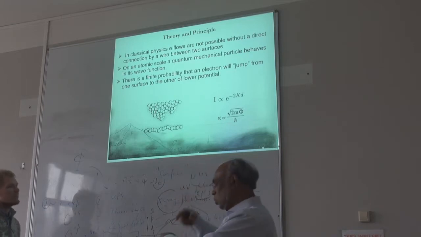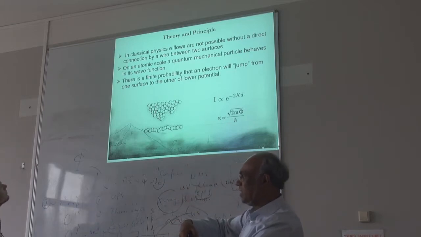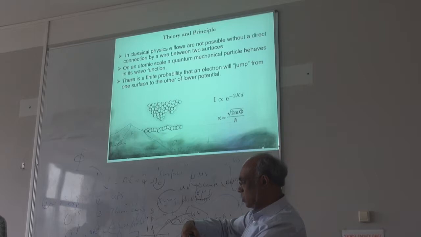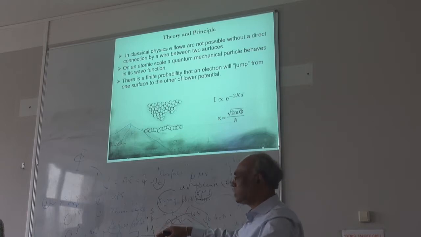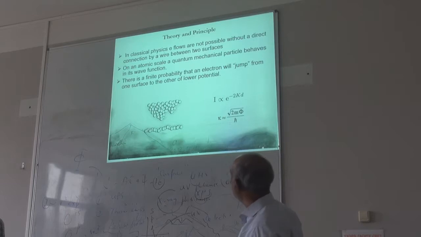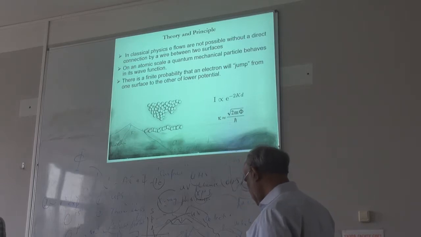But when the tip is too close, your current increases. Then the piezoelectric device will try to keep it away to keep the current constant. That will map the height, right? That way you can look at the sample on the atomic scale.